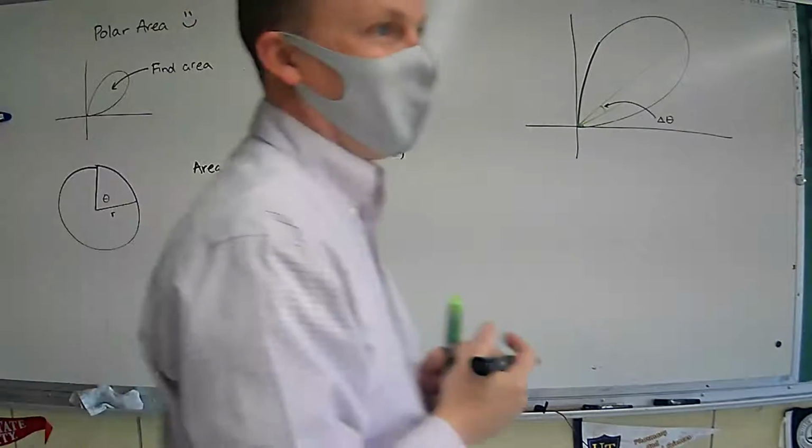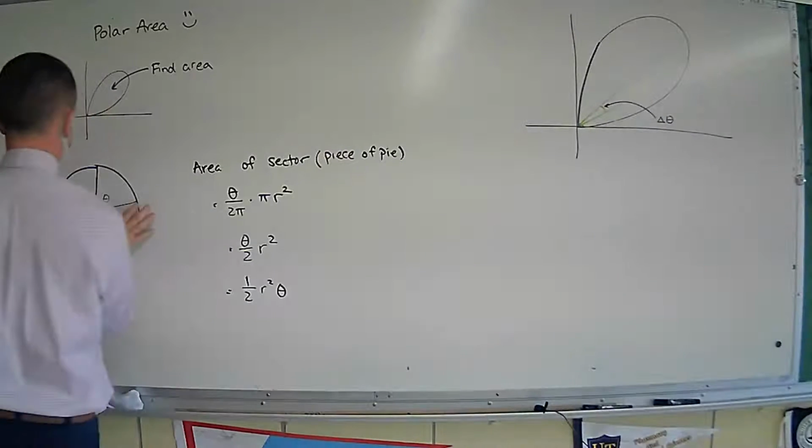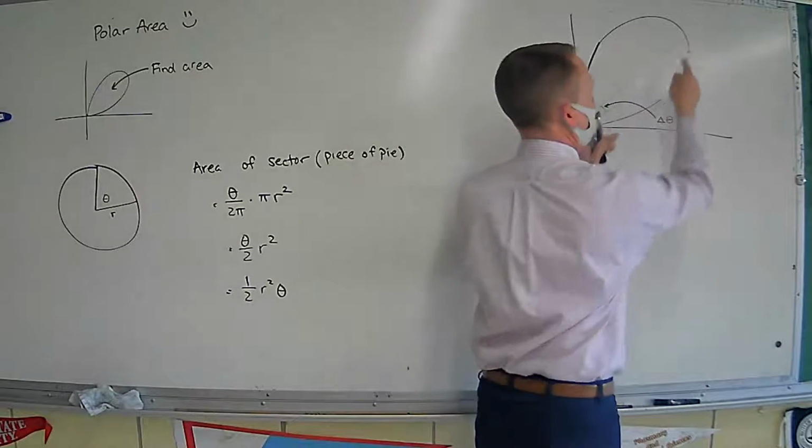Okay? And I'm going to pretend, just for right now, can you guys see that green thing? I'm going to pretend that green, for a really small value of delta theta, that green wedge is like a piece of pie. It's like a piece of pie where the R is changing. It's like a sector of a circle where the R is changing.